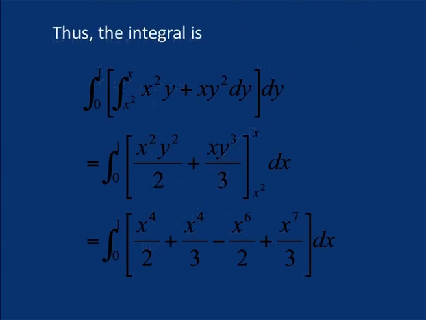Thus, the integral is from 0 to 1, from x² to x, of (x²y + xy²) dy, then dx. That is equal to the integral from 0 to 1 of [x²y²/2 + xy³/3] from x² to x dx, which is equal to the integral from 0 to 1 of (x⁴/2 + x⁴/3 − x⁶/2 + x⁷/3) dx.